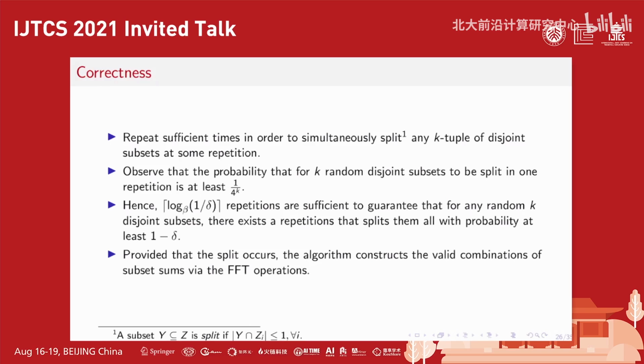This happens with fixed probability, and due to this reason we can find how many repetitions we need in order to bound the error probability by delta. And if there indeed exists such a repetition that splits this k-tuple of disjoint subsets, the algorithm successfully constructs all the combinations of disjoint subset sums we can obtain from these subsets. And this happens due to the FFT operations.